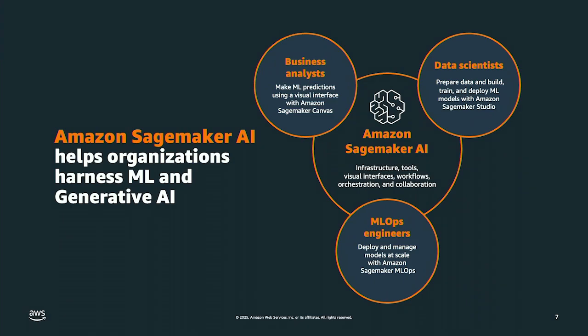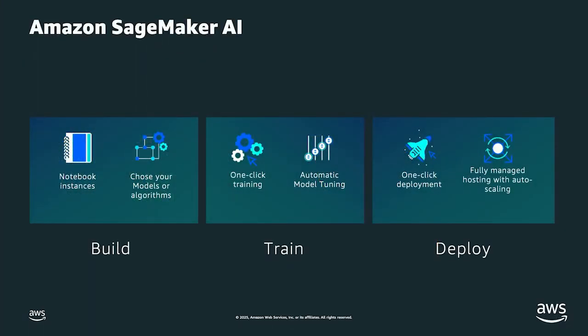It supports both coding and no coding, so you don't have to know how to code to use SageMaker. Essentially the steps when you use Amazon SageMaker AI is you build your model, you train them, and then you deploy them to an endpoint from where your application can access it and use inference.